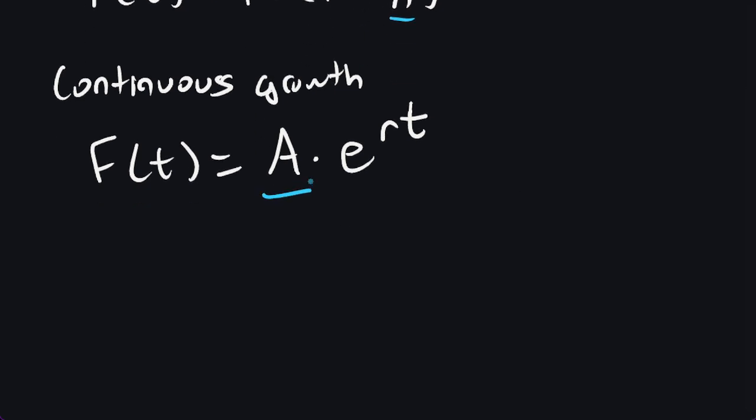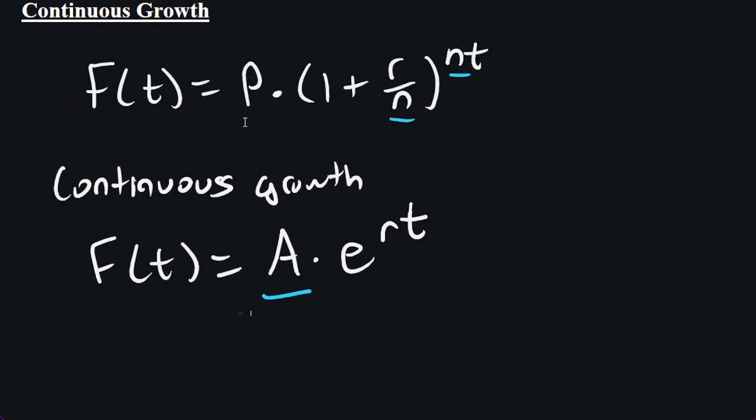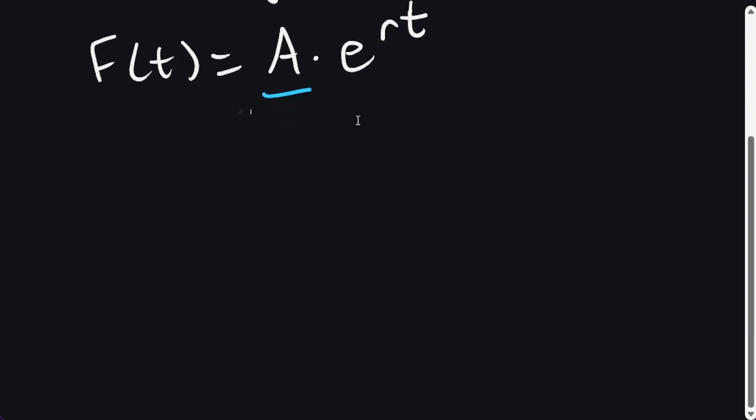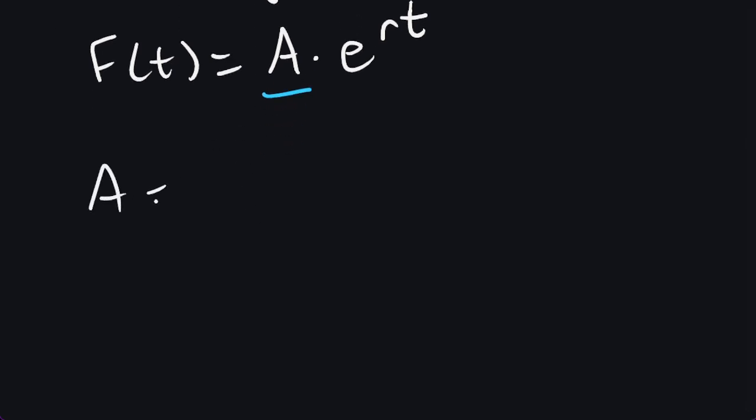So a, of course, as opposed to the compounding interest formula where p is the principal, it could be the principal, but the more general term is starting amount. Starting amount or initial value is what it's often called.